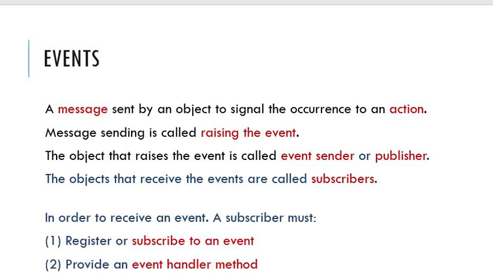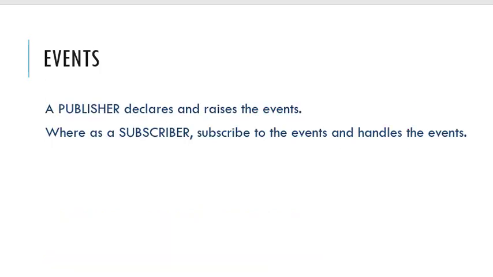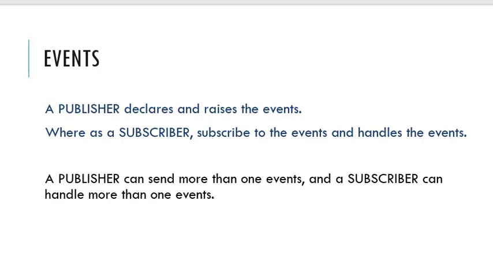In order to receive an event, a subscriber must register or subscribe to the event of the publisher and provide an event handler method. So in short, a publisher declares the events and raises the events, whereas a subscriber subscribes to the events and handles the events. A publisher can send more than one event and a subscriber can handle more than one event.